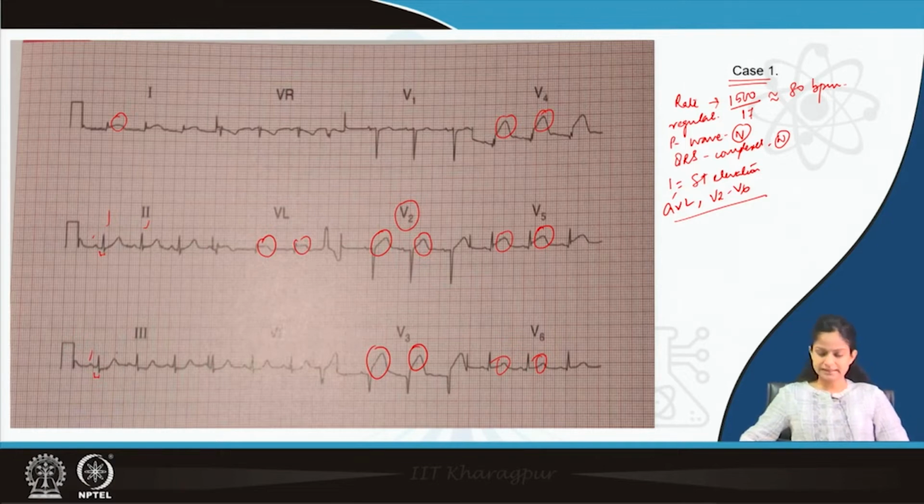So, anterior and lateral portions we could see, and we have seen the T wave inversion in case of AVL leads, and we did not see any other T wave inversions. Also some we have seen in case of V4 leads T wave inversions, and also we could see few Q waves in case of lead V2 and V3.